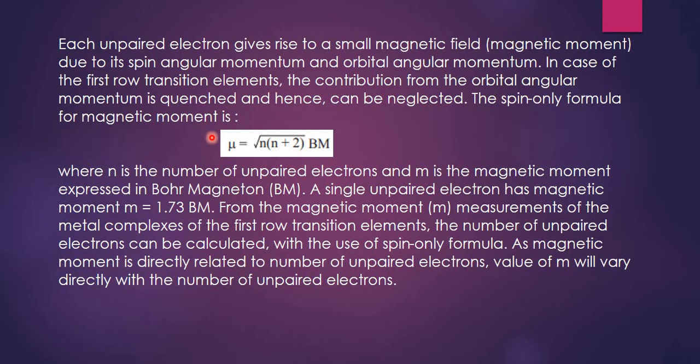Therefore, the simple spin only formula is not useful and more complicated equations have to be employed to determine magnetic moment for the second and third series. Further, it is also found that the magnetic moments are temperature dependent.